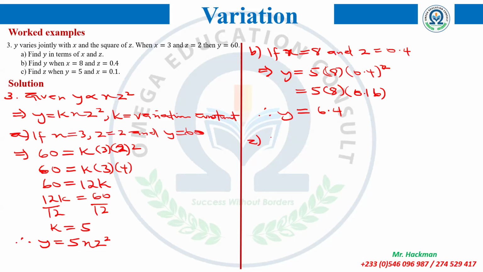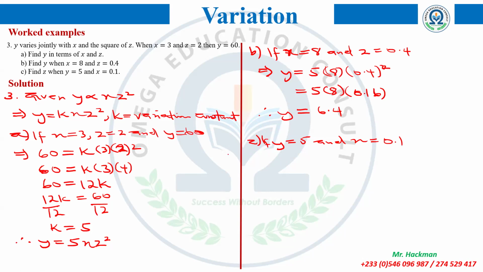So the last one, we want to find z. You can write y is equal to 5 and x is equal to 0.1. It will carry more sense if you use if.